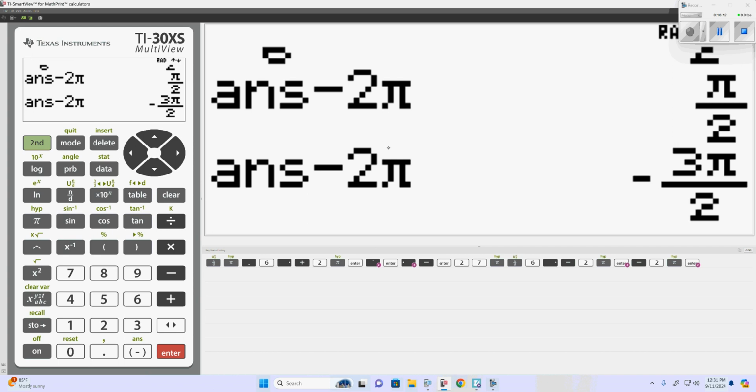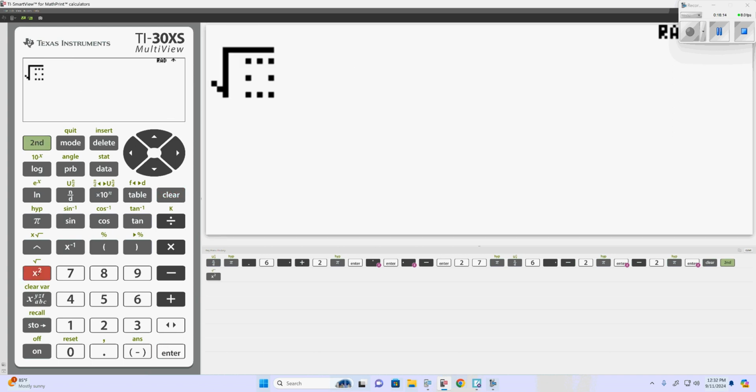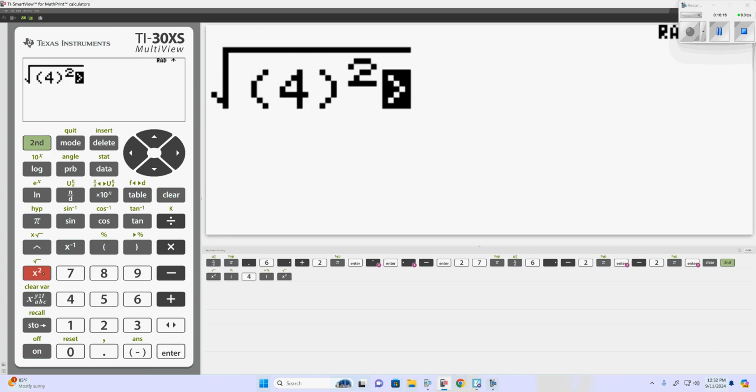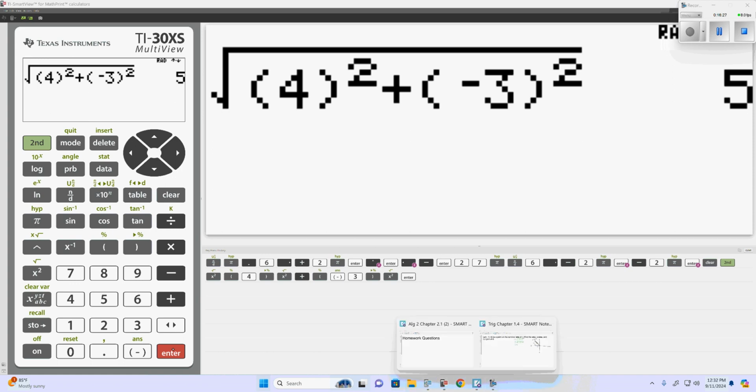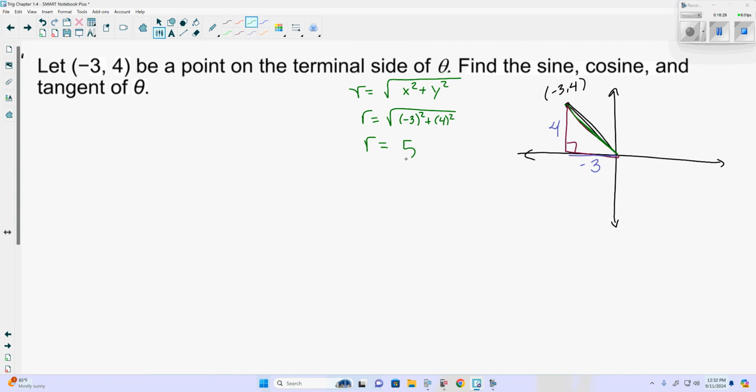Now at this point, everything on that side is a number. So 4 squared plus -3 squared is 5, which is telling us that this is indeed a 3, 4, 5 right triangle.